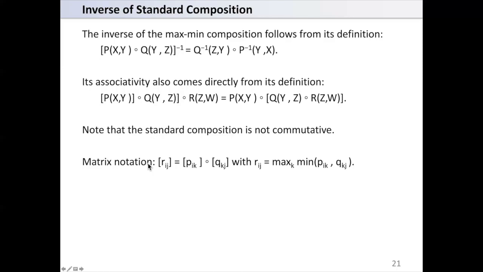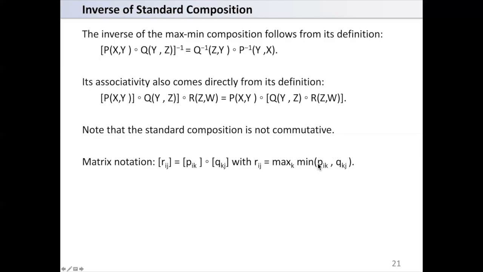Matrix notation for standard composition: for each entry ij, it is the standard composition of entries P_ik in the P array and Q_kj in the Q array, with R_ij set to the maximum of the values.